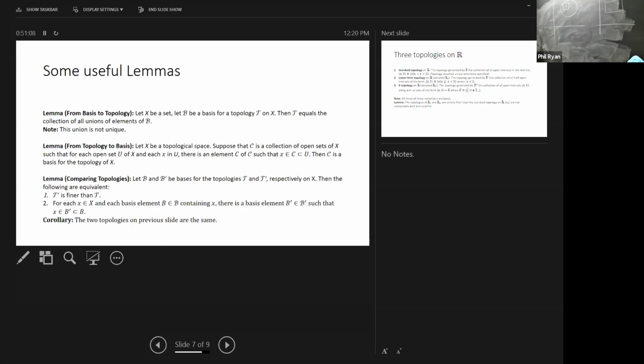And that tells me that the topology generated by the circular basis is finer than the topology generated by the rectangular basis. So therefore, the two topologies are the same. And really, the only hairy details is actually doing the geometry and algebra to write down how to go about doing that. I don't think we need to bother about that.